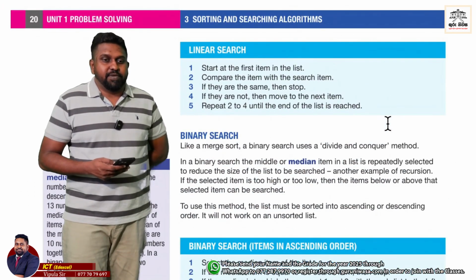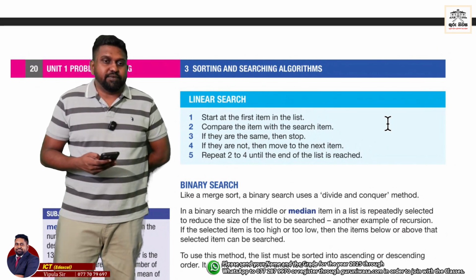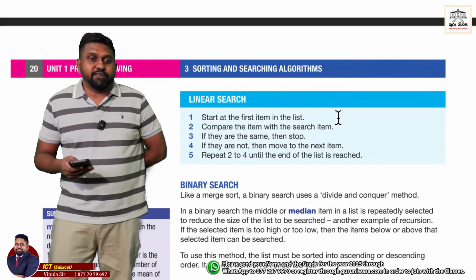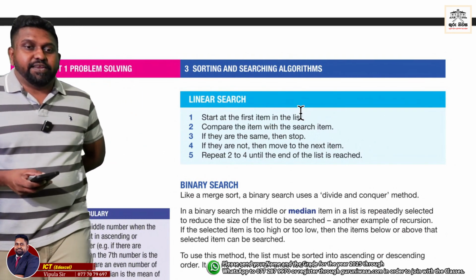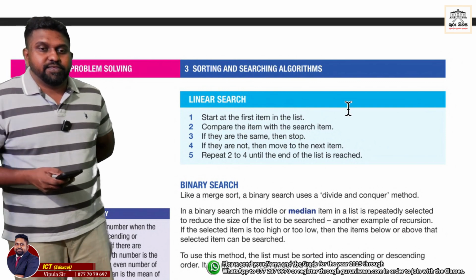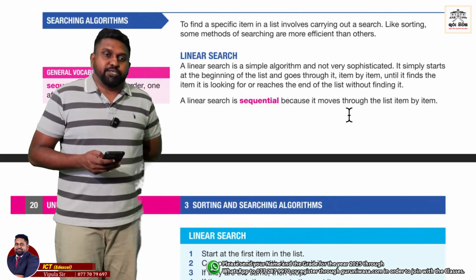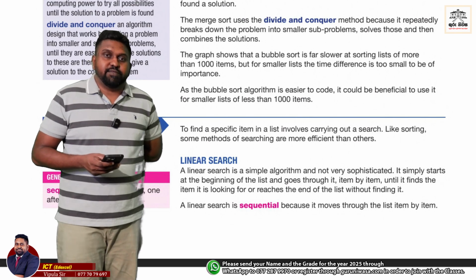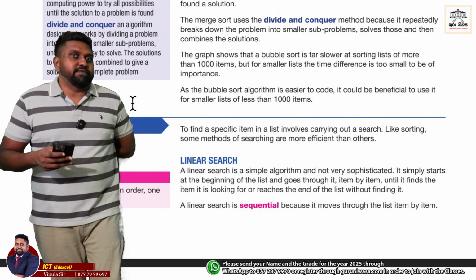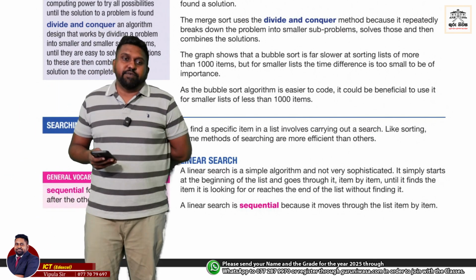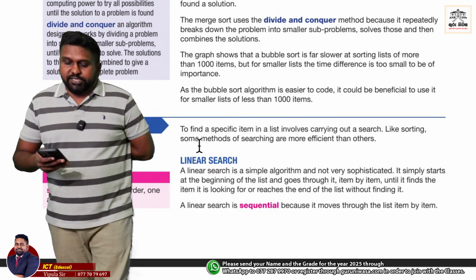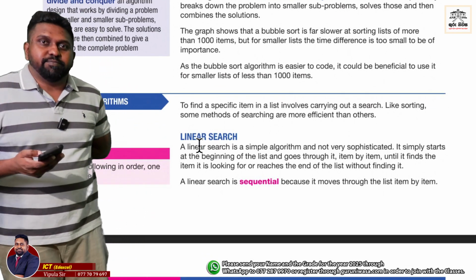Linear search means we start from the first item in a list and compare the item with the search item. Previously we were talking about sorting, now we are talking about searching. Searching is quite simple.